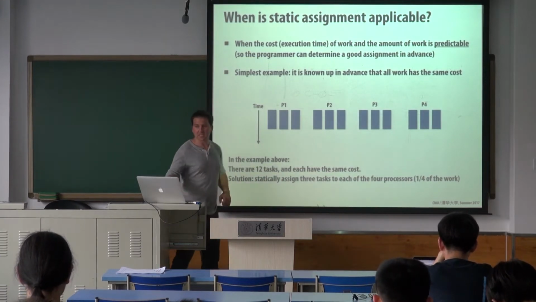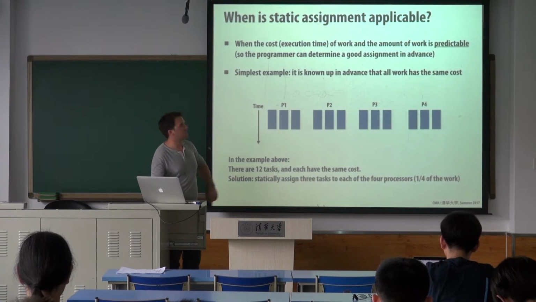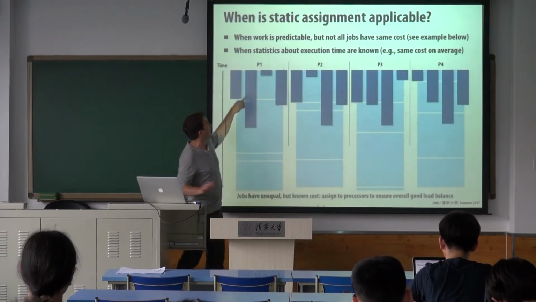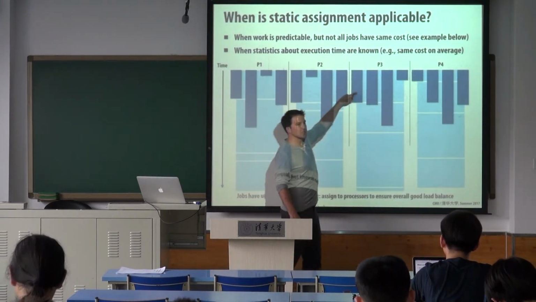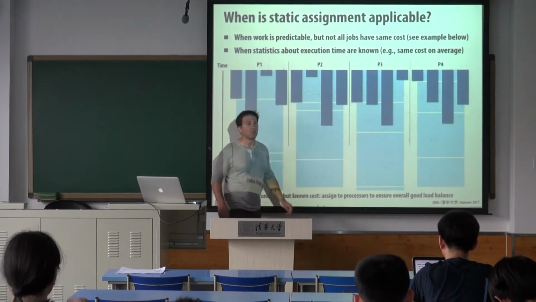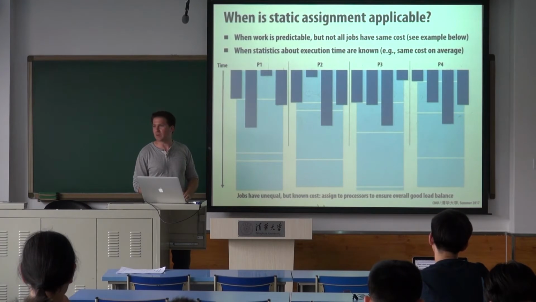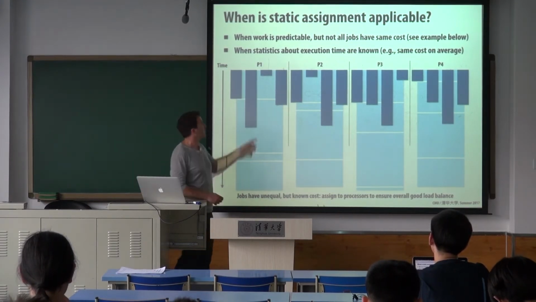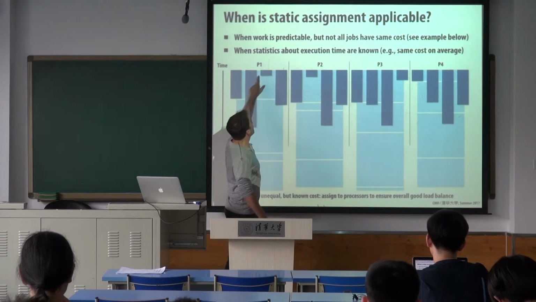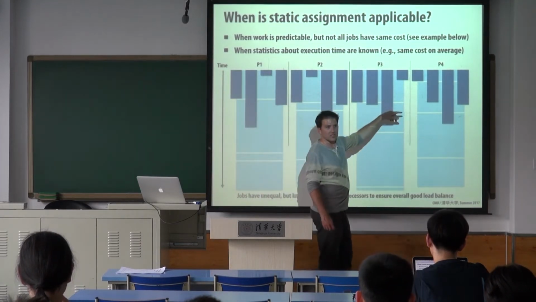So let's say that the tasks were of these sizes, like this, all different sizes. But you know the sizes. You know that before you start running your program. So it would have been possible for you to say, okay, well, let me compute the sum of all the work.